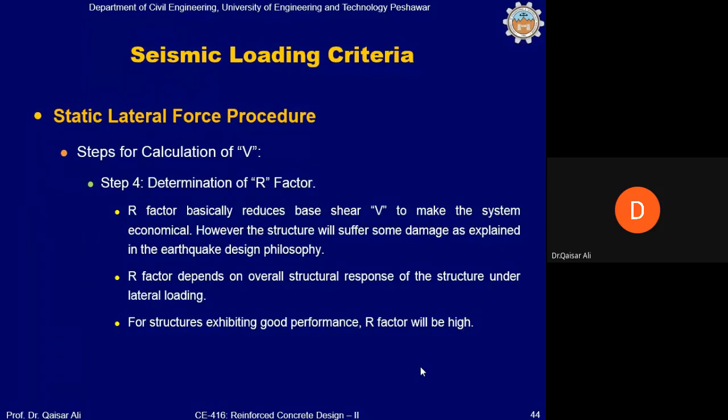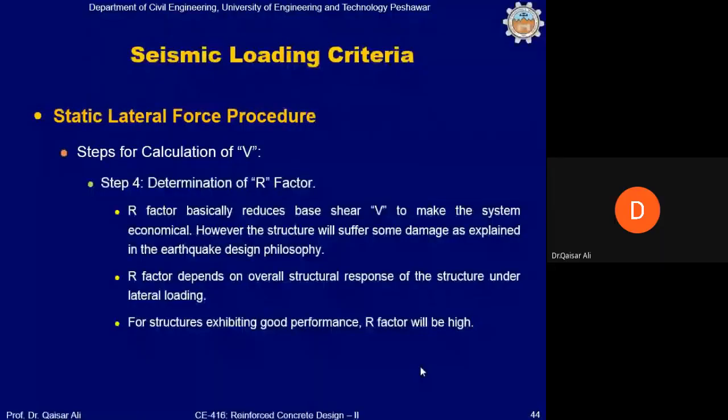A good example of this is when you compare a steel structure and a properly designed reinforced concrete frame structure with masonry structures. You know that in masonry, particularly unreinforced stone masonry and brick masonry, the damage cannot be very well predicted, and even if the structure gets damaged in some parts, it is quite possible that the total structure collapses and life is at risk.